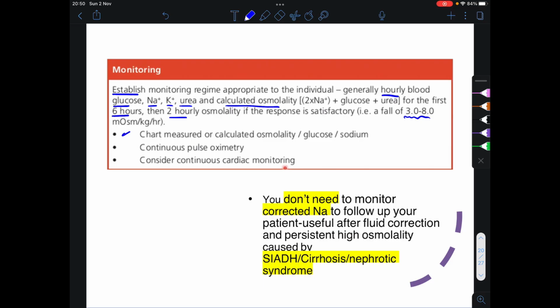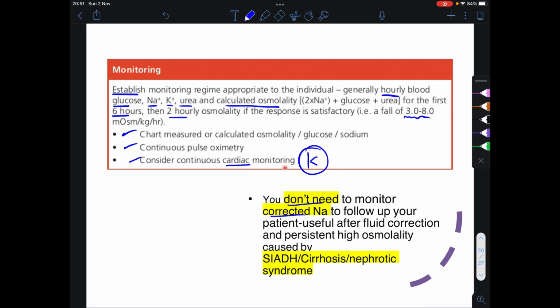You always have to make a chart for everything, the amount of fluids you're giving, the osmolality, and you always want to continuously monitor their pulse oximetry, and you want to continue monitoring their heart, because any changes in potassium can cause arrhythmias, so you want to monitor the heart.